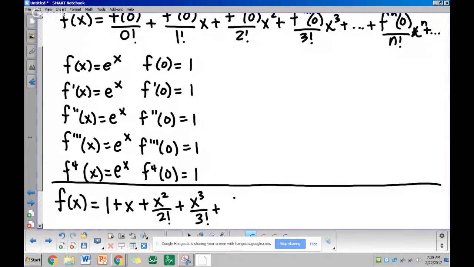Plus, we could say x to the fourth over 4 factorial. I hope you now see the pattern. Plus x to the n over n factorial plus dot, dot, dot.